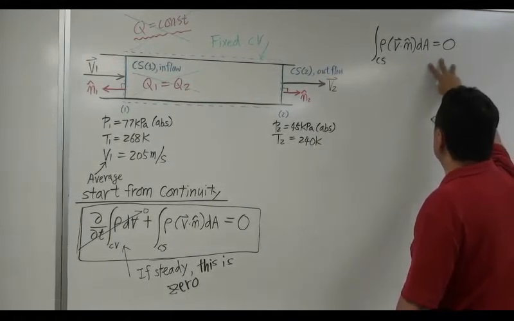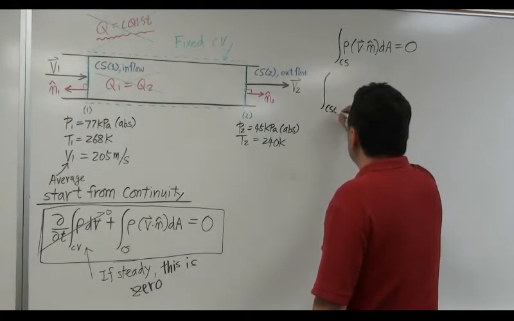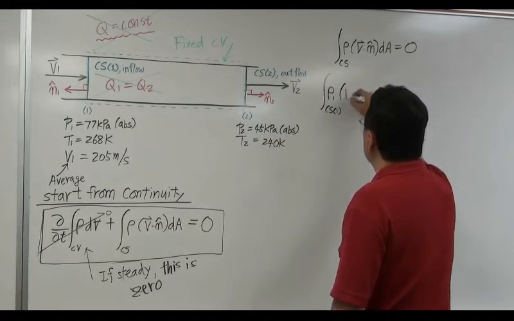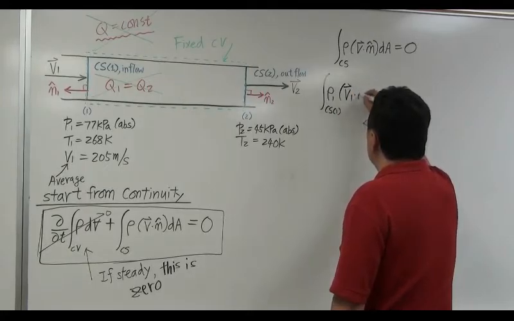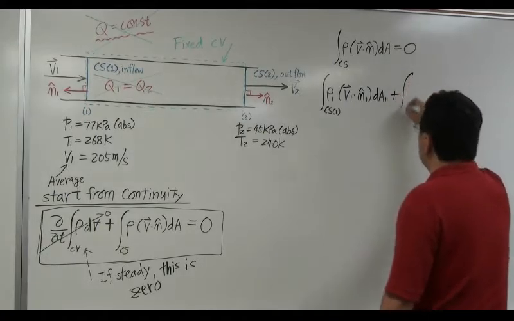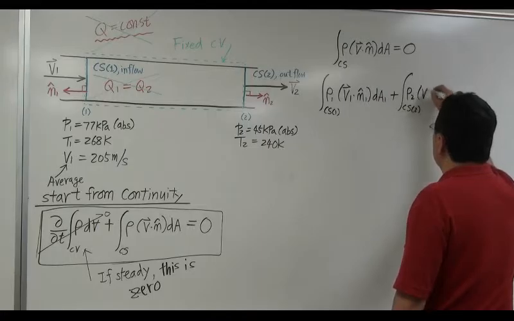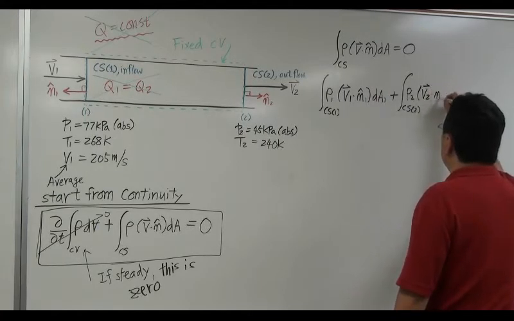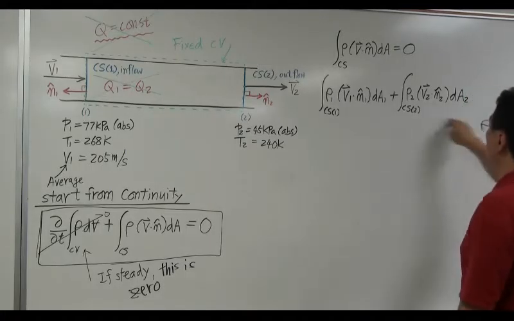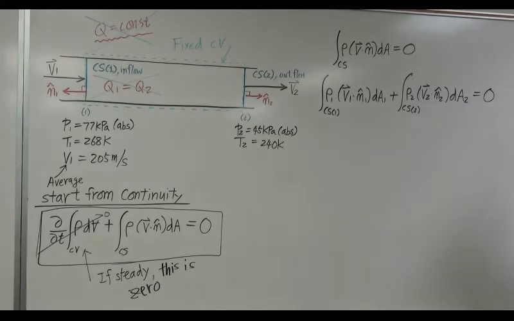So this equation really means integral over control surface 1 of rho 1 V1 dot product n1 dA1, plus integral over control surface 2 of rho 2 V2 dot n2 dA2. We have two control surfaces. If you add them up, it's going to be 0.